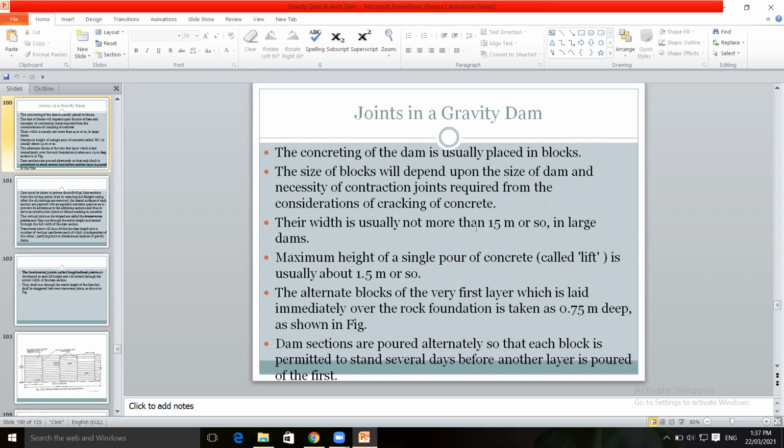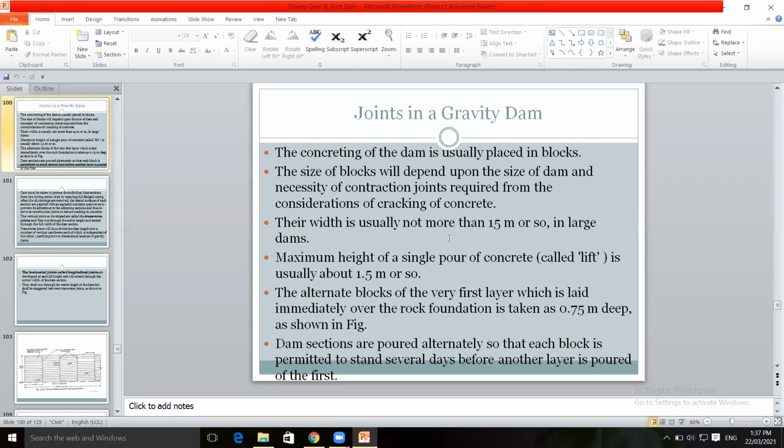And contraction joints are required from the consideration of the cracking of concrete. These joints are provided in the gravity dam. Their width is usually not more than 15 meter or so in large dams.